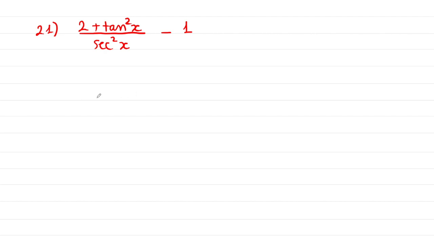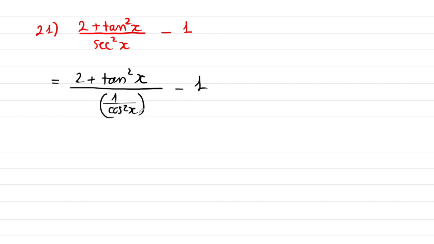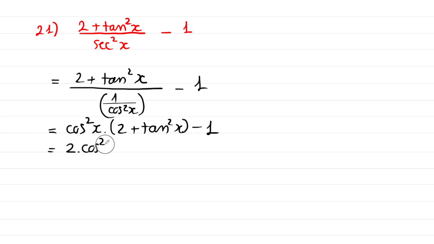Okay. What is sec square? 1 over cos square, like this. Minus 1. Apply the fraction over fraction rule. You got cos square x times 2 plus tan square x minus 1. And then expand, you got 2 cos square plus tan square cos square minus 1.